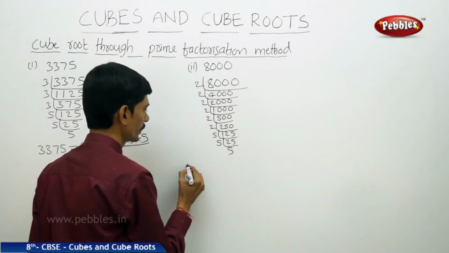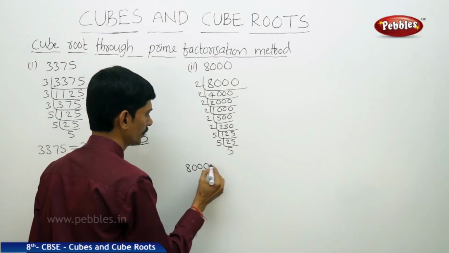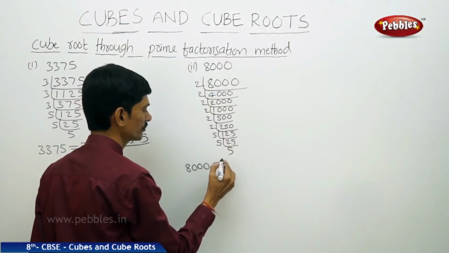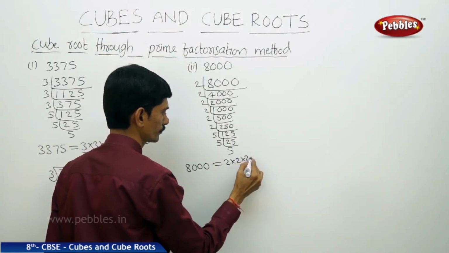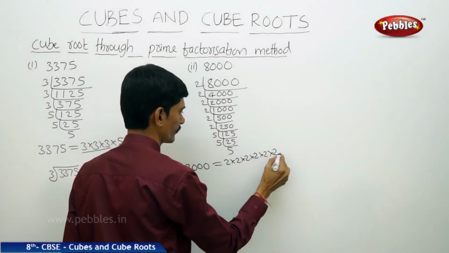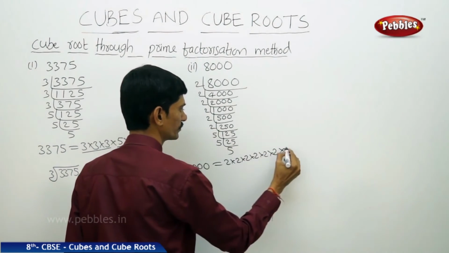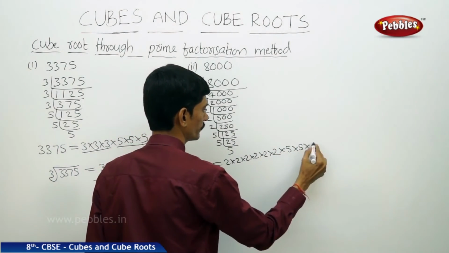So we can write that 8000 equals 6 2's, 1 2 3 4 5 6 2's, into 3 5's, 5 into 5 into 5.